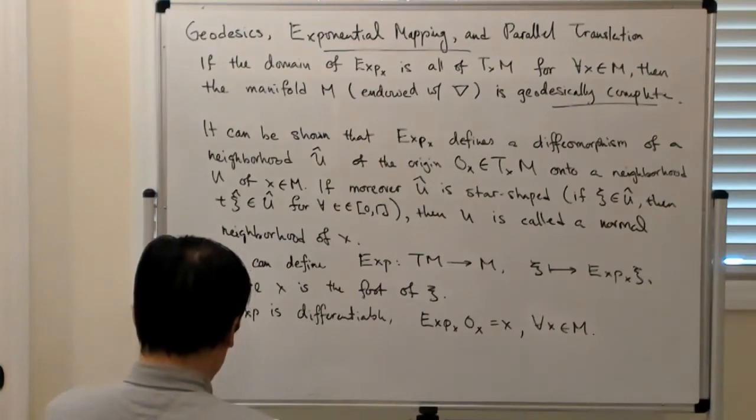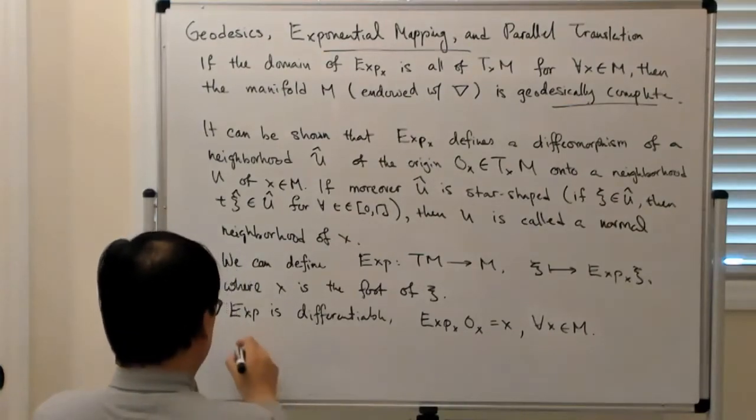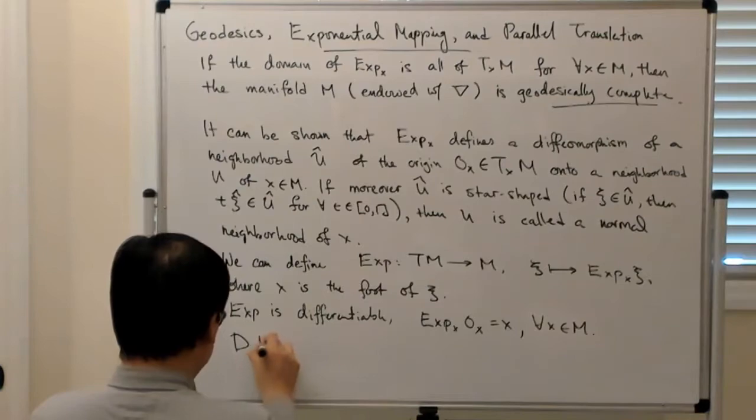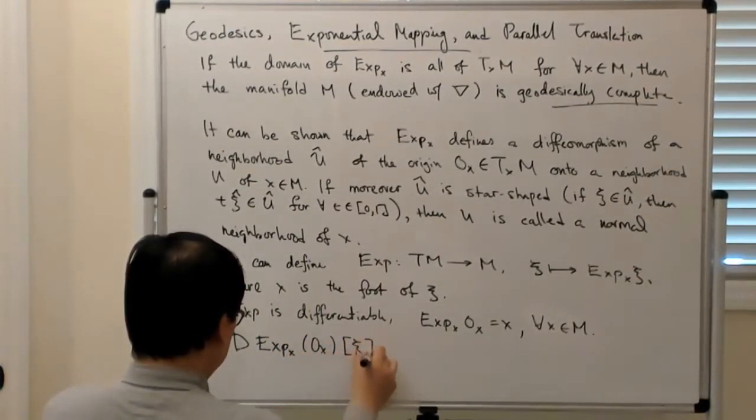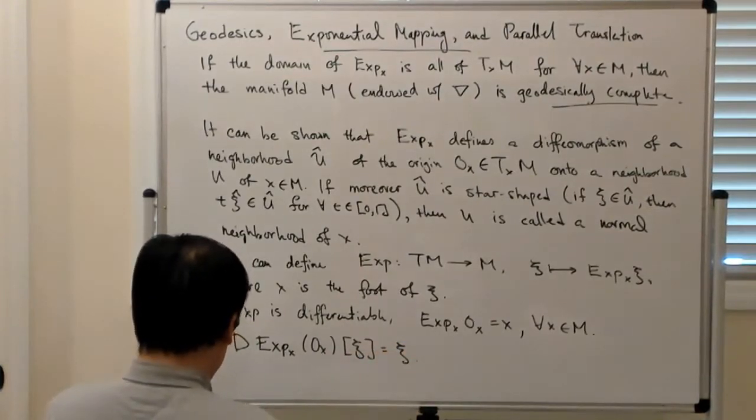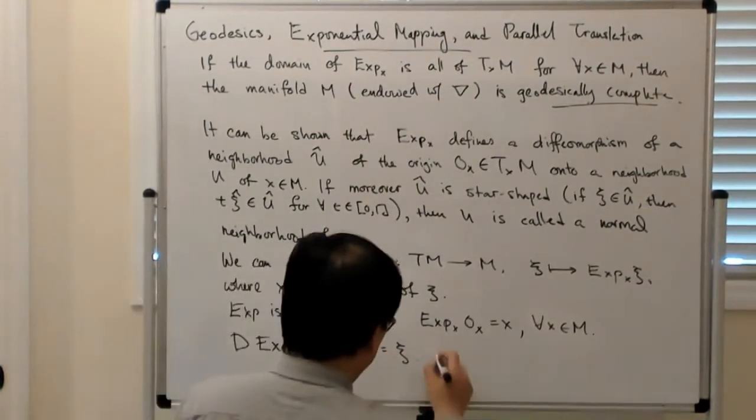And the other thing is that if you take the differential of this exponential in this direction, you get just that, again with the canonical identification, right?